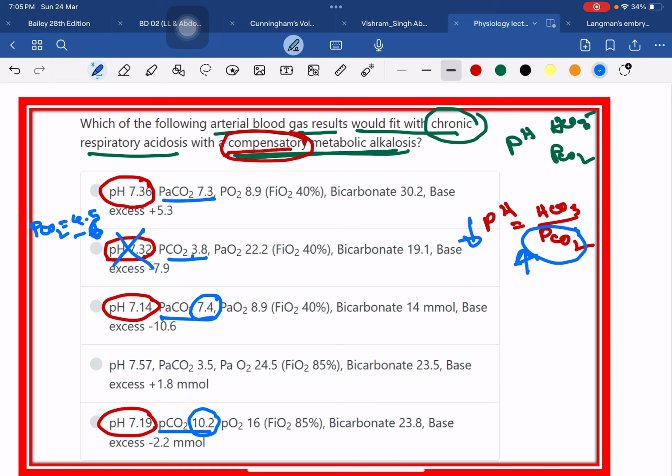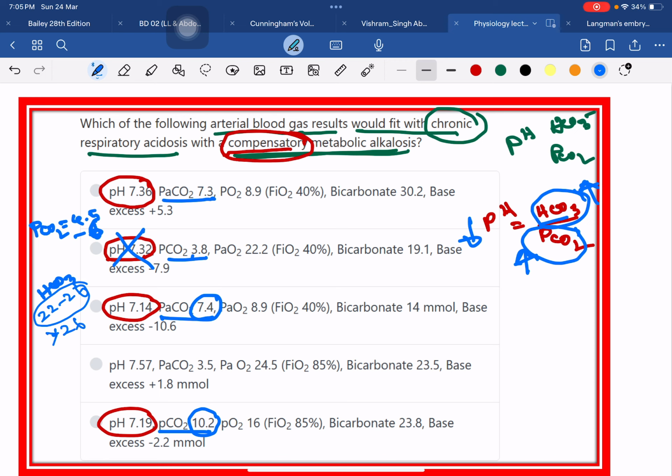So now what do we look for? Now we look for the bicarbonate level, and what will be the fate of bicarbonate? It will increase to compensate the pH. So now let's see the bicarbonate level. The normal level of bicarbonate is 22 to 26. As it is increased, that means it is more than 26.